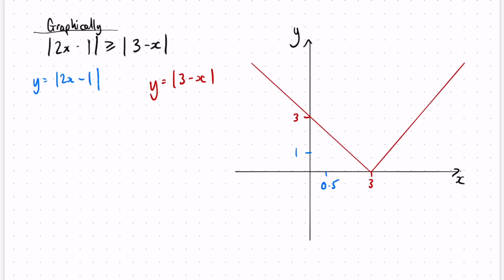And it's going to be a bit steeper, this one, because the gradient is 2. So it's going to go up something like that. Not the best sketch in the world, but a sketch is a sketch.